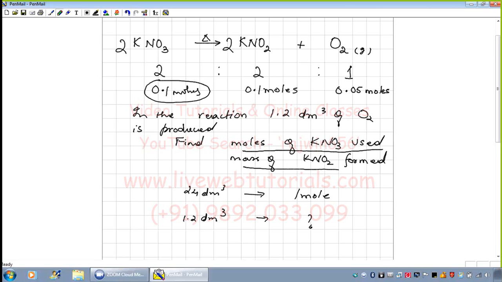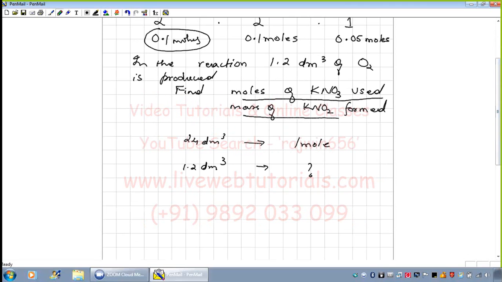KNO2: K is 39, plus 40 plus 15 is 85. That's 1 mole, and 0.1 mole will be into 0.1. So 8.5. Correct. So 85 grams is for 1 mole of KNO2. Here 0.1 mole of KNO2 is produced, so it is going to become 8.5 grams.